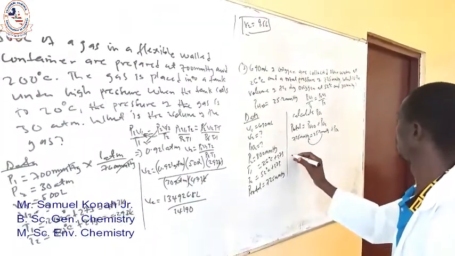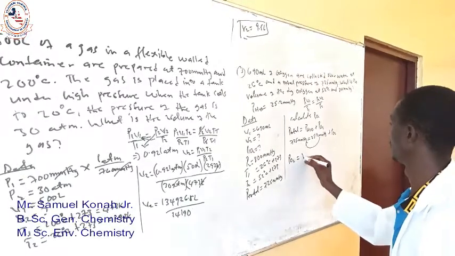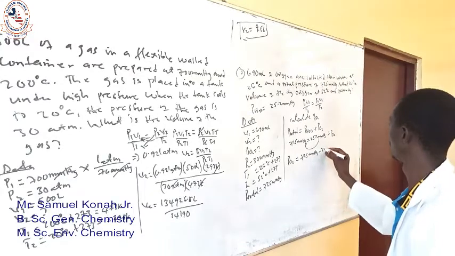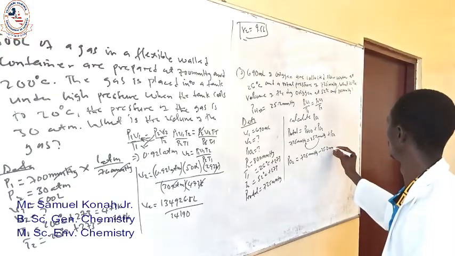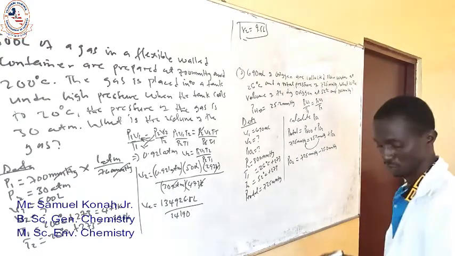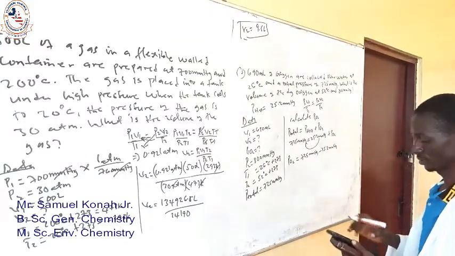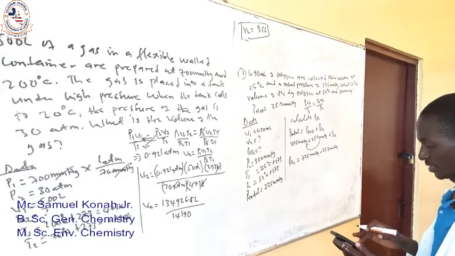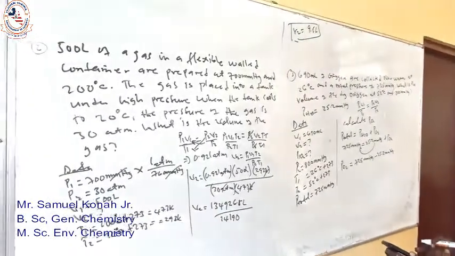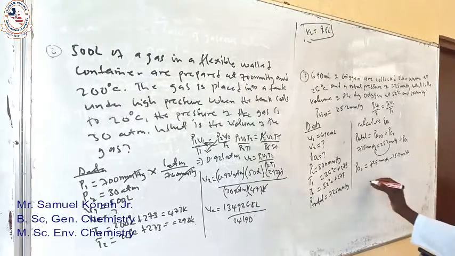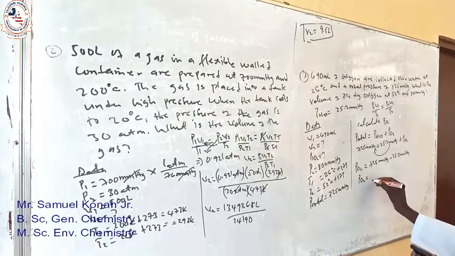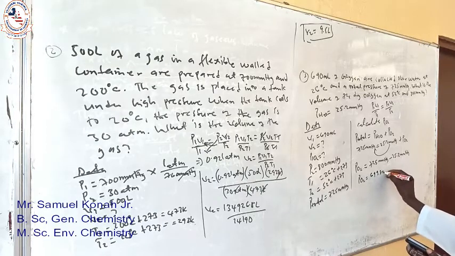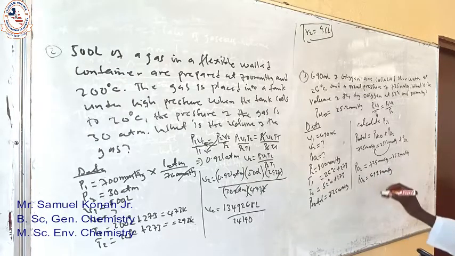So our PO2 now will be 725 millimeter mercury minus 25.2 millimeter mercury. If we do our subtraction, 725 minus 25.2, our pressure of oxygen, which is our P1, is 699.8 millimeter mercury.